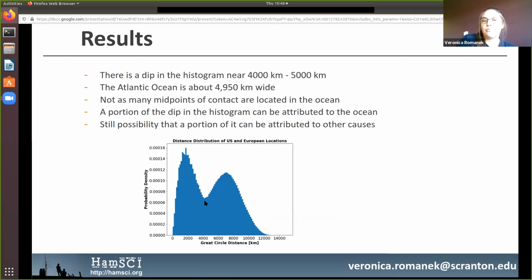And it would make sense that not as many midpoints of contact are located in the ocean. So therefore, undoubtedly a portion of the dip in the histogram can be attributed to the ocean. However, there's still a possibility that a portion of it can be attributed to other causes. For instance, the way that the radio waves are propagating with respect to the ionosphere.